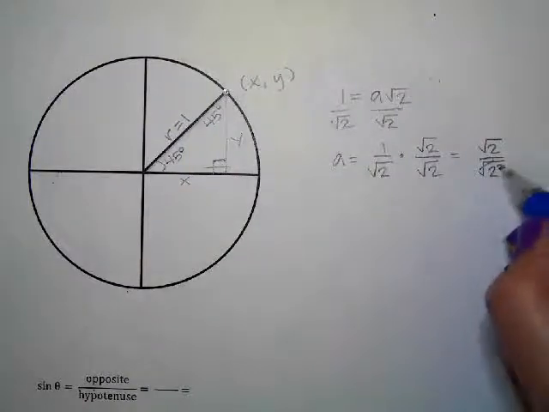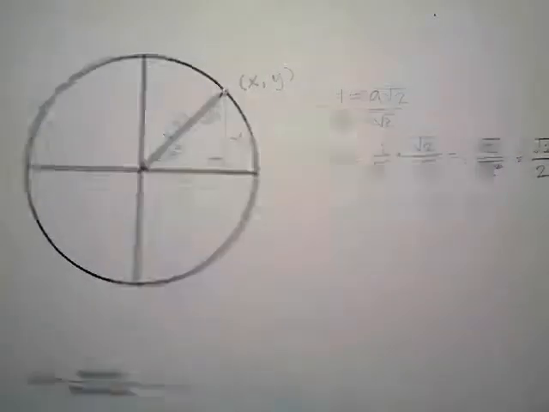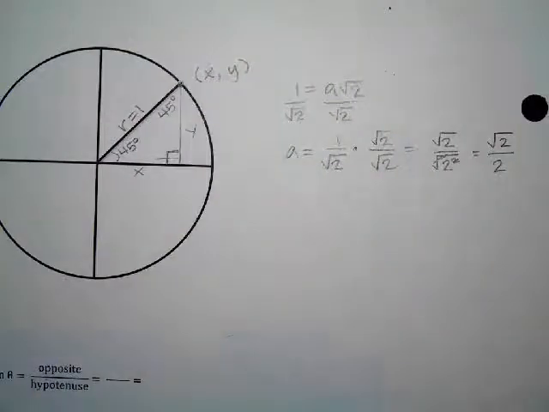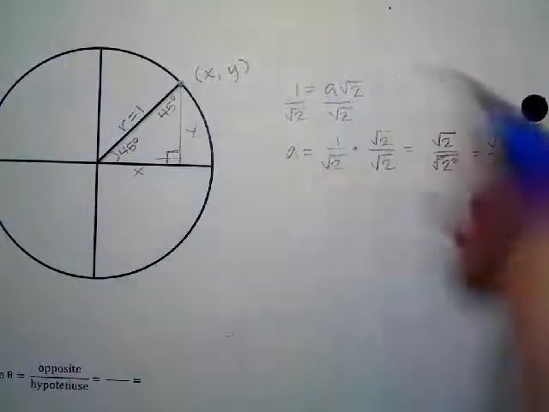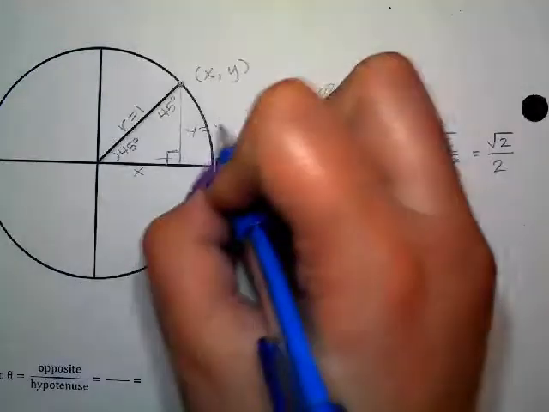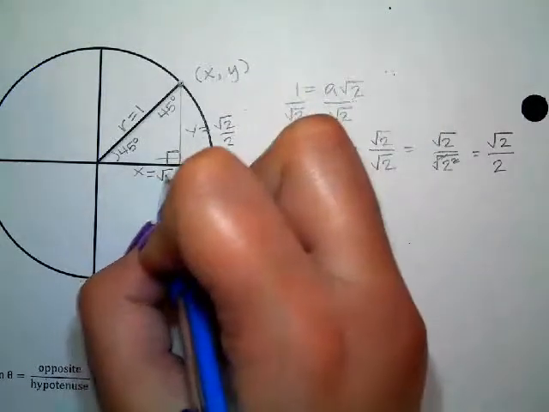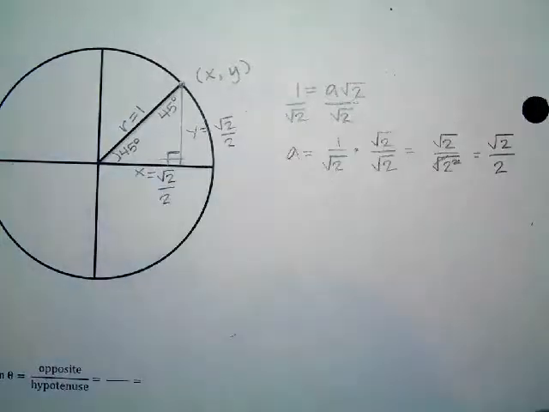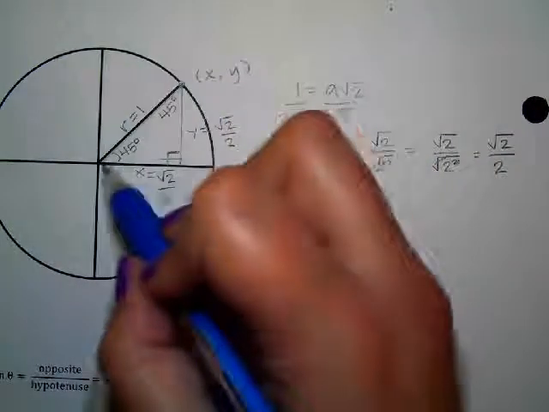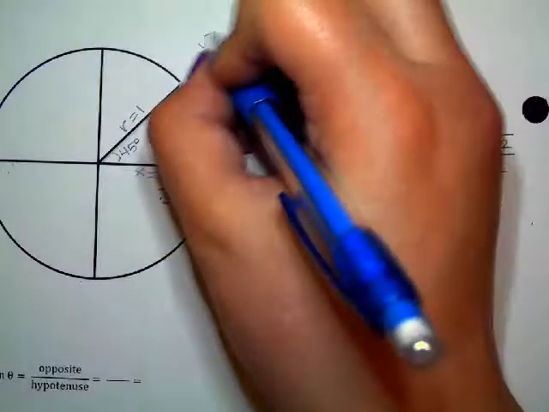And so I get root 2 over 2. So both of these are just the a value. And so both of these equal root 2 over 2. So to get to this point, we go right root 2 over 2, up root 2 over 2.